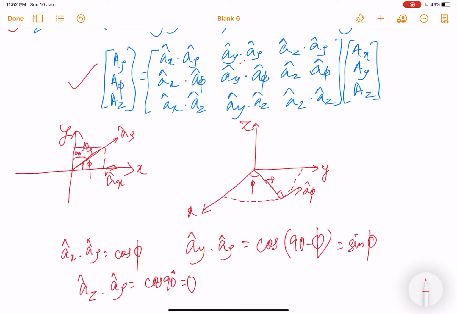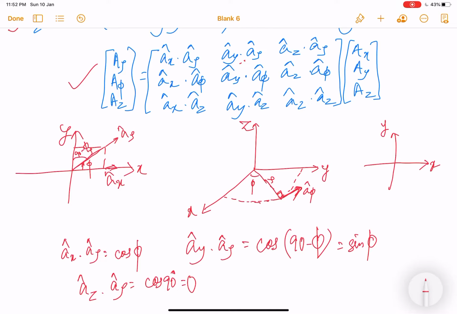Then next, ax cap dot a phi cap. What will that be? I had already told you the direction of a phi cap: it's tangential to the circle, at 90 degrees to rho. Let's consider the x, y graph, because we are talking only about the xy plane.